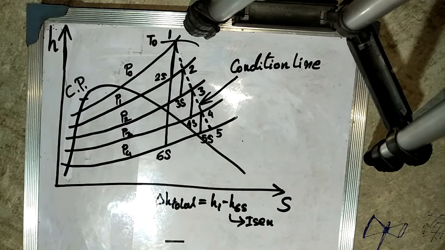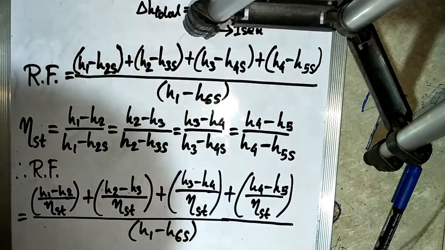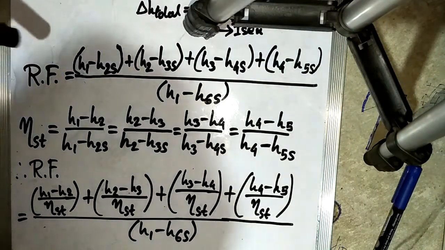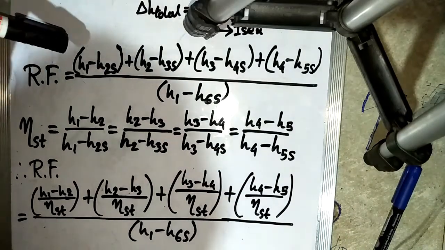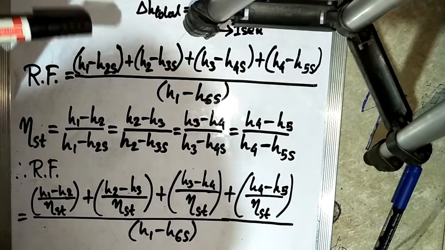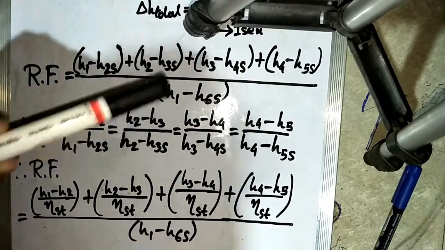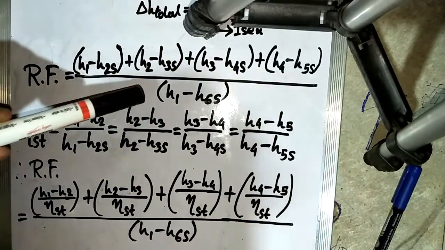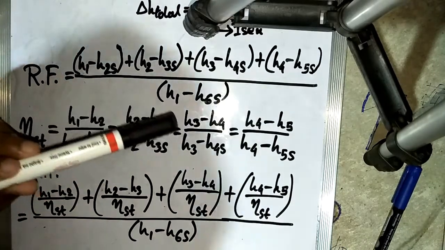So the reheat factor RF is defined as H1 minus H2S plus H2 minus H3S plus H3 minus H4S plus H4 minus H5S, divided by H1 minus H6S, the total isentropic enthalpy drop.